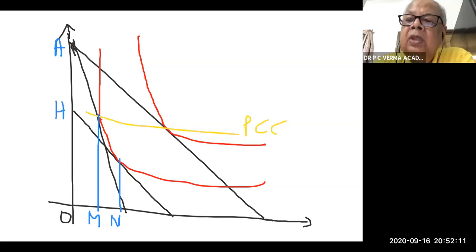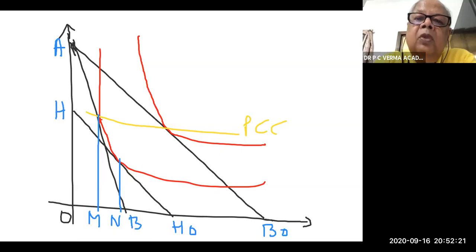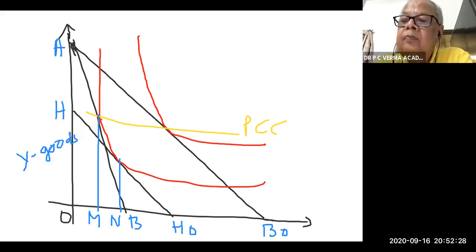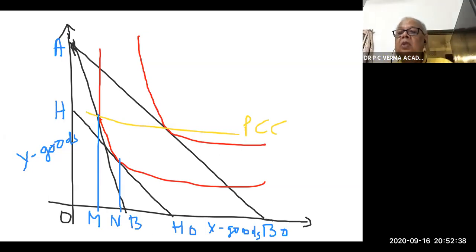After the price fall from AB to AB0, draw a line, one parallel line and one cross line.